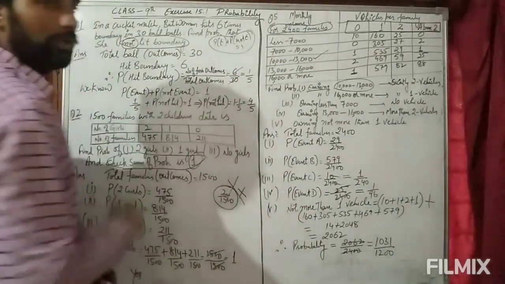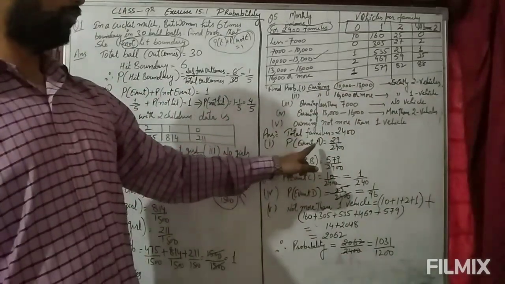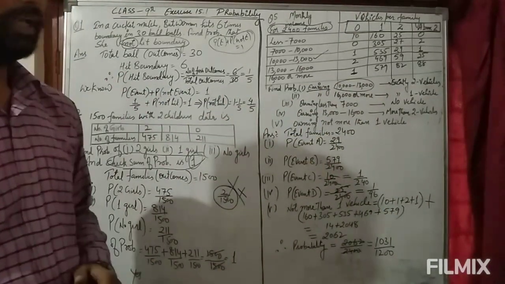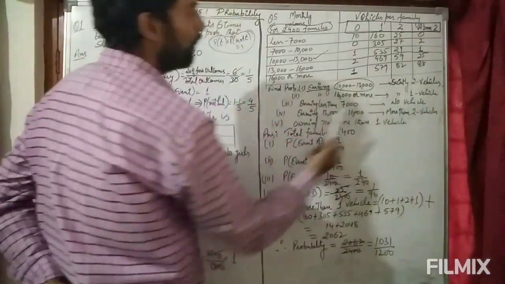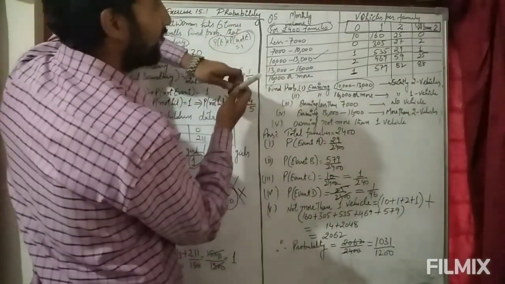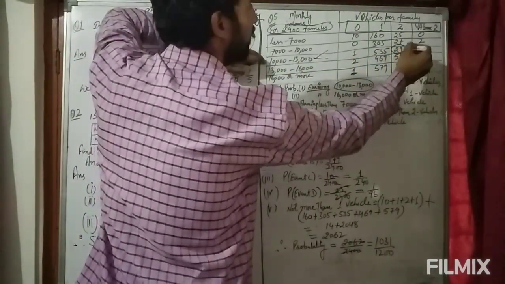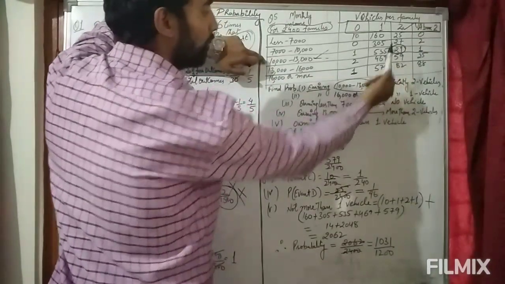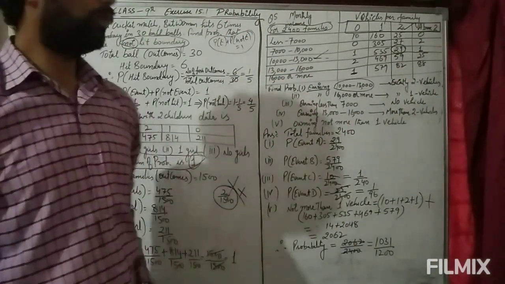Let the event for this first part be A. The probability is favorable cases divided by total outcomes. Now find exactly 2 vehicles in this table. This is exactly 2 vehicles, which means 29 families have exactly 2 vehicles. So the answer is 29 upon 2400.